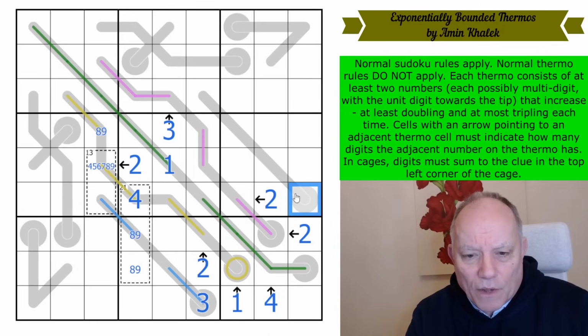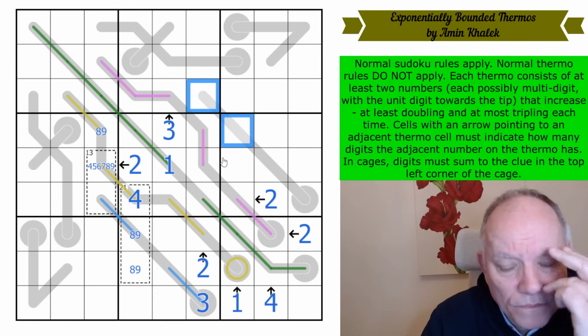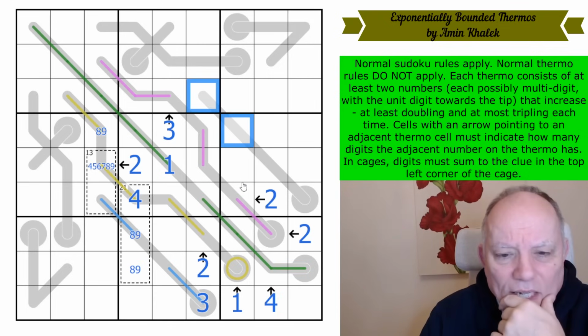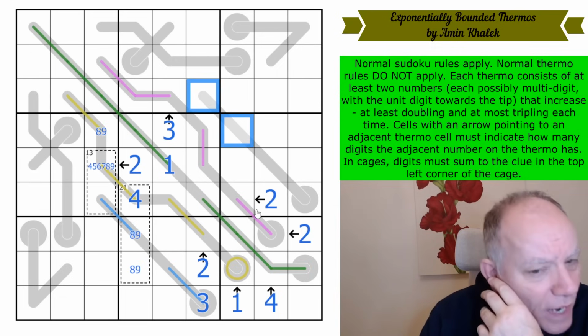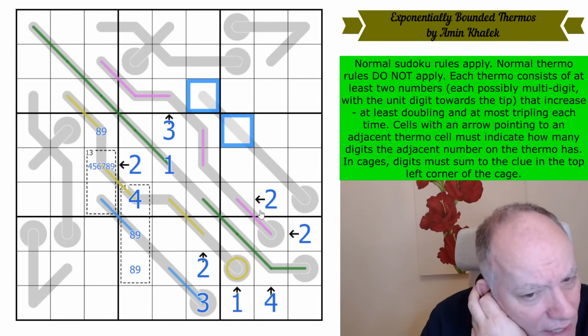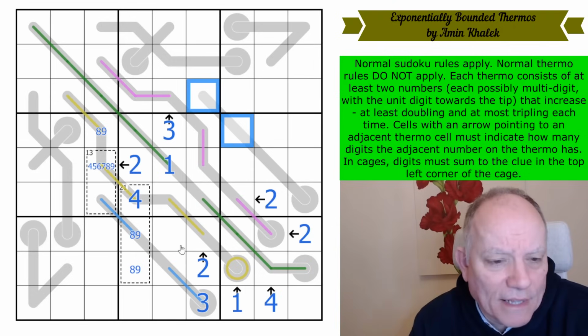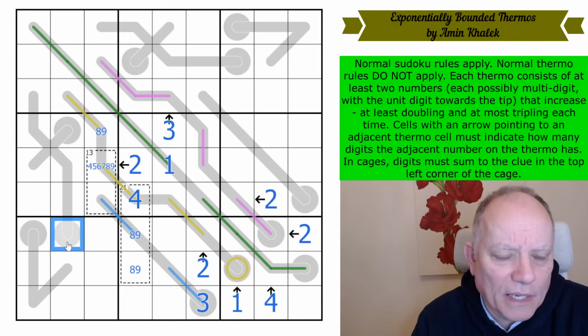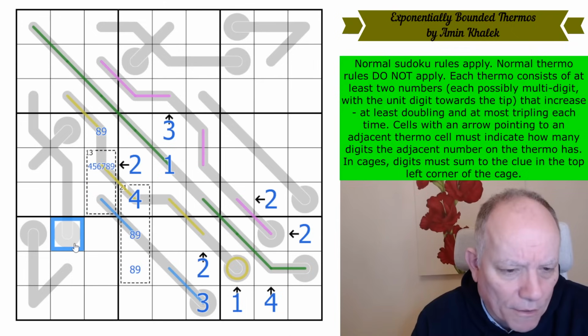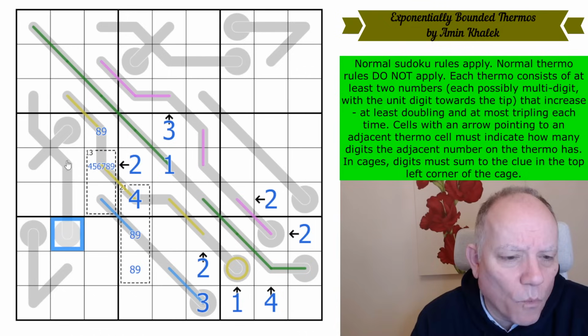Now, what about this one? This could go 1, 1, 2 or 2, 2. I don't feel that we've really got any indication, actually. I'm going to have to come back to that one. Now, I have not yet looked at the 5-cell lines. What happens on a 5-cell line? It could go 1, 1, 1, 2.